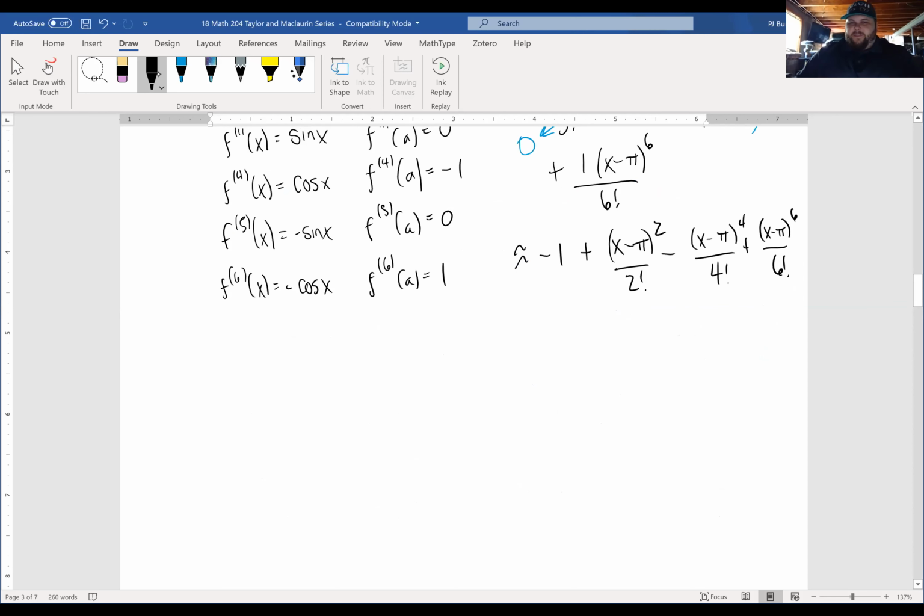So now the question is, can I write this in a nice closed form? So this would be continuing on. Any patterns that you recognize?